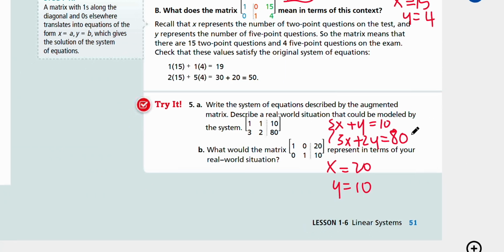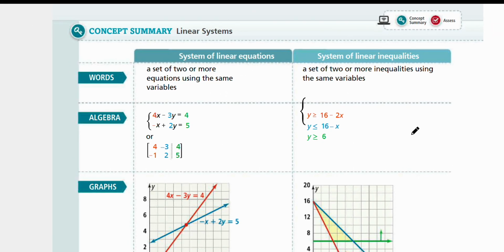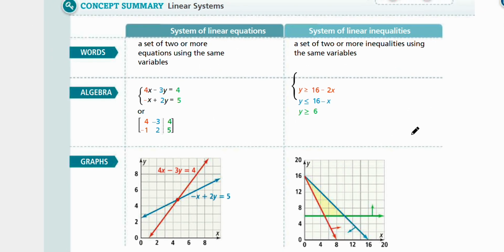All right, that was lesson 1-6, linear systems. Let's look at the summary of our lesson. We looked at systems of linear equations and systems of linear inequalities. First, for linear equations, we can write augmented matrices. For linear inequalities, we really need inequalities, so we're not going to use matrices, okay?